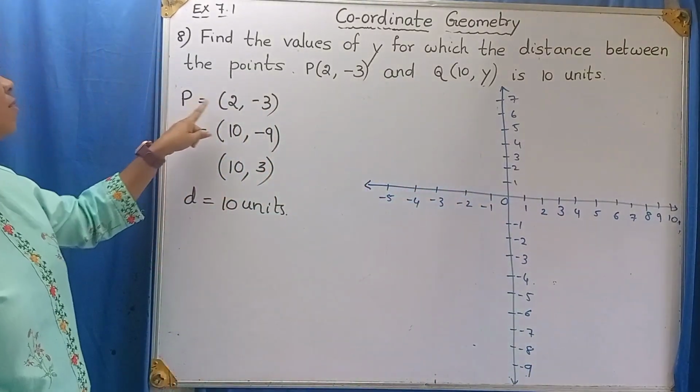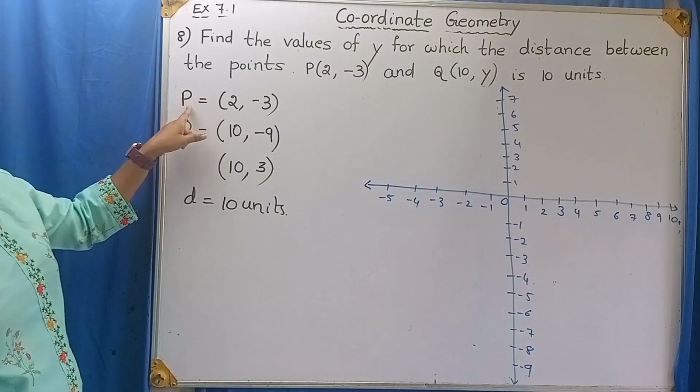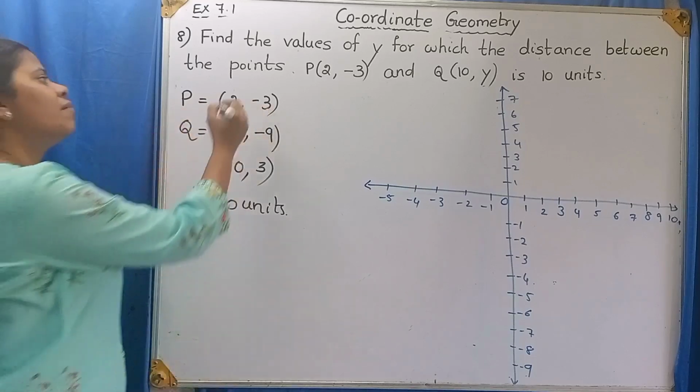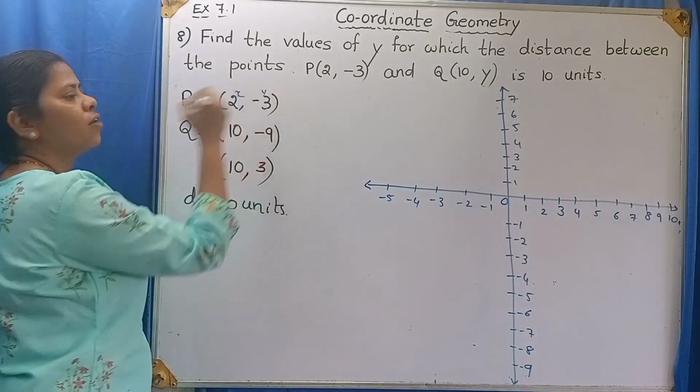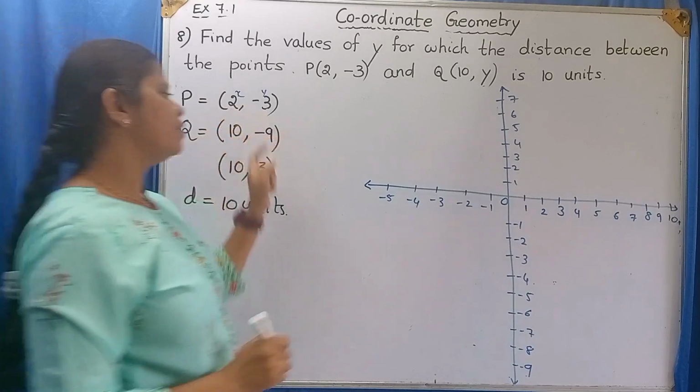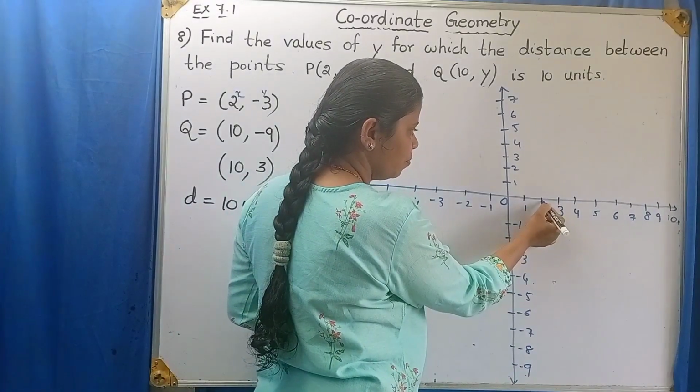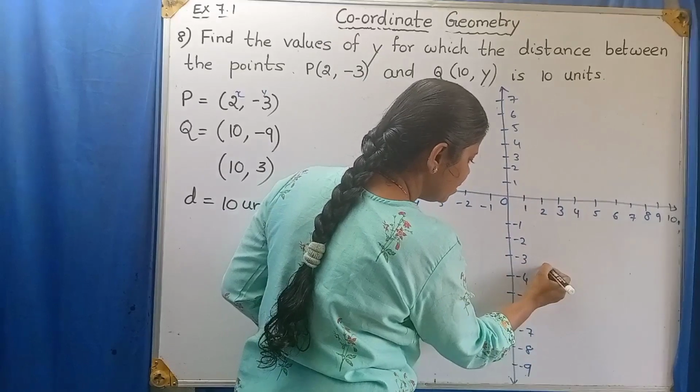See here. The coordinates of P are (2, minus 3). This is our x coordinate and this is our y coordinate, right? (2, minus 3) means we will get here.